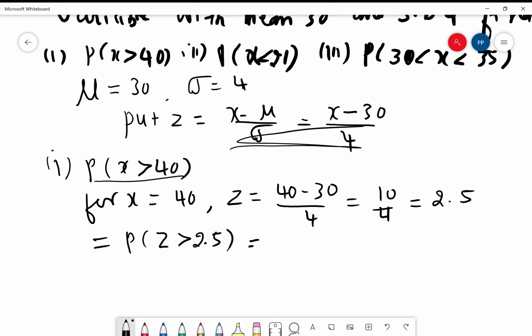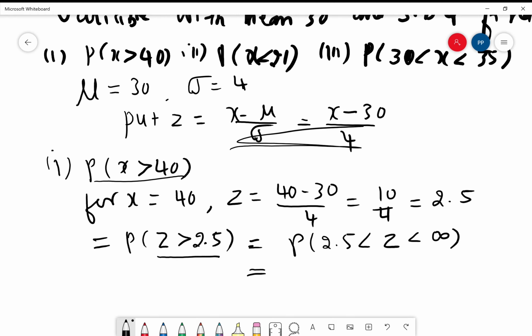Whenever you get P of z greater than something, it means 2.5 less than z less than infinity.